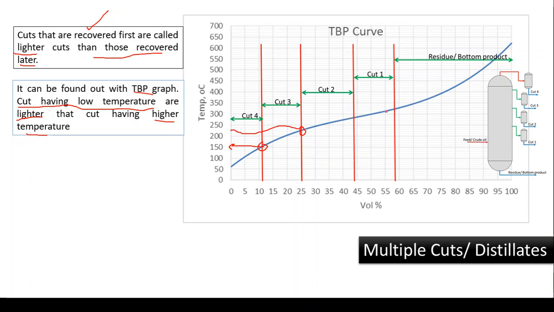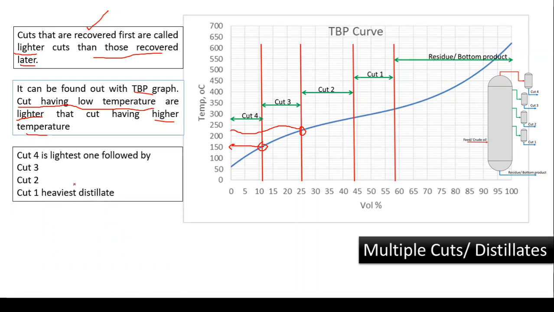Cut 1 has the highest temperature of all these 4 cuts. Low temperature means lighter, because they boil at a very low temperature, and those boiling at high temperature we call heavier. So we can say cut 4 is the lightest, followed by cut 3, cut 2, and cut 1. Cut 1 is the heaviest distillate that we can obtain.